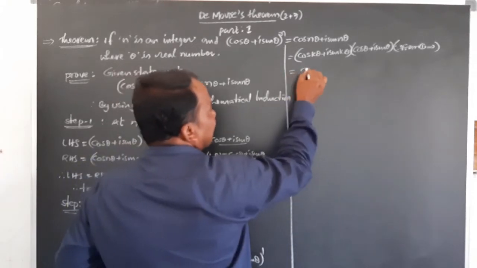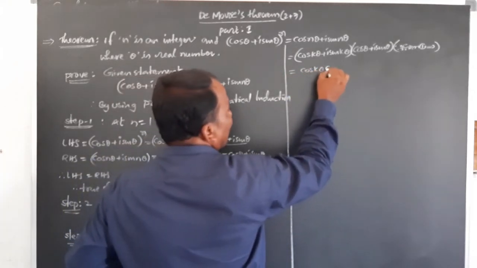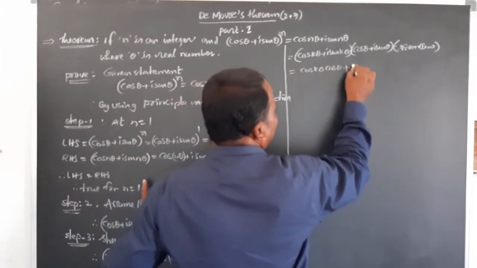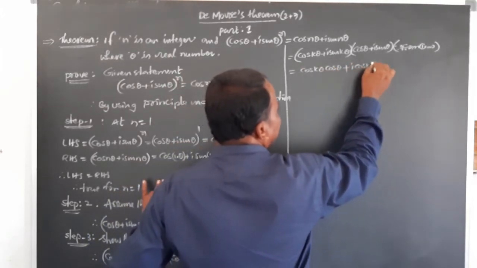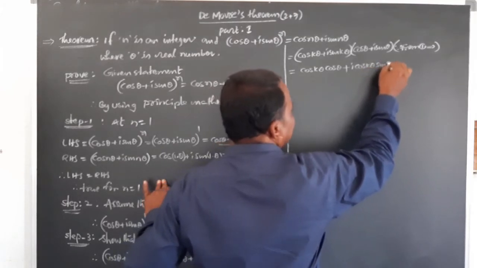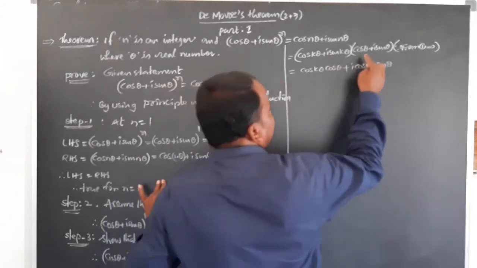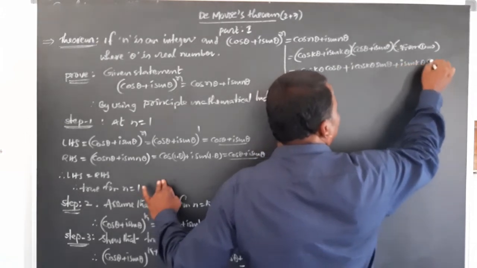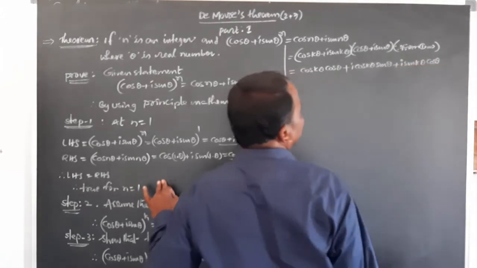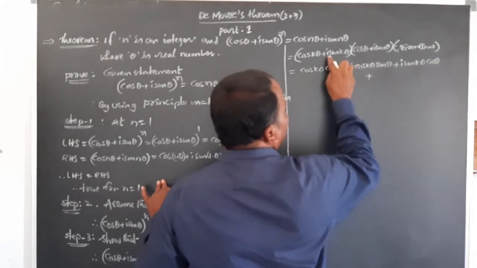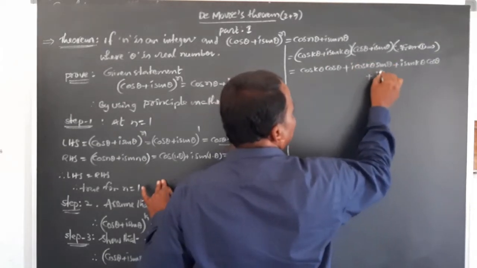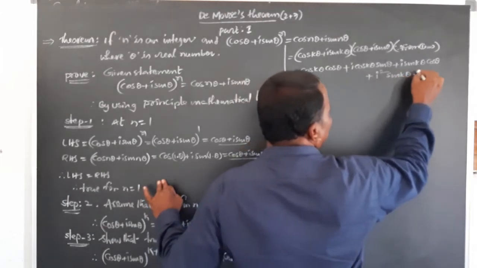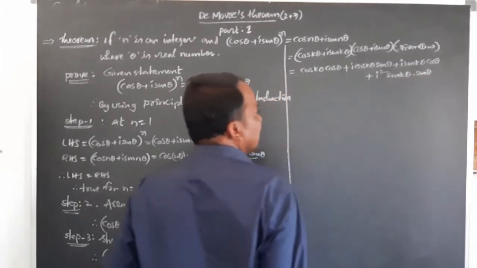So cos k theta into cos theta, plus i cos k theta into sin theta, plus i sin k theta into cos theta, plus i squared sin k theta into sin theta.